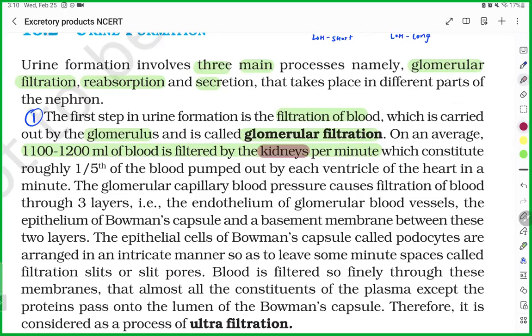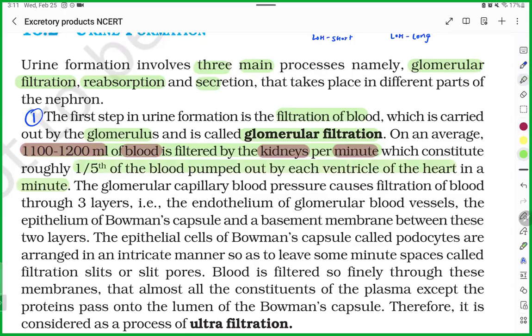Because if both kidneys are doing this, it is one thing; if one kidney is doing this, the amount will become entirely different. So around 1 liter of blood is filtered by the kidneys each minute. And this amount is 1/5 of the blood pumped out by the ventricle of the heart in 1 minute.